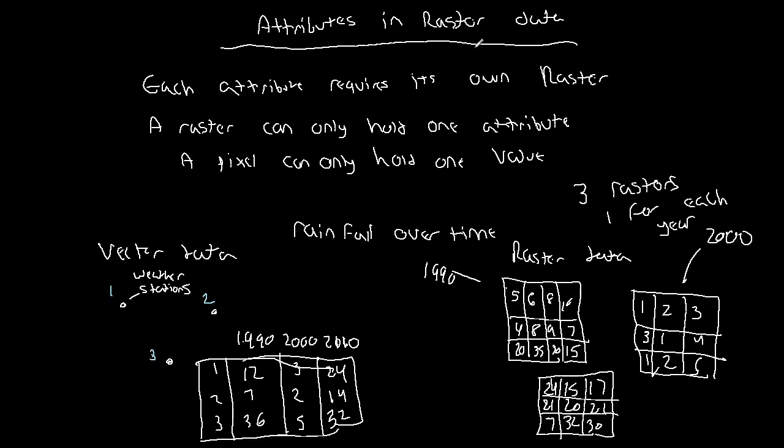If we want to know the rainfall in this area right here for 3 time periods, we have to have an entire raster for 1990, an entire raster for 2000, and an entire raster for 2010. As opposed to here, where adding another year is just adding another column onto an attribute table, which is much less resource intensive.